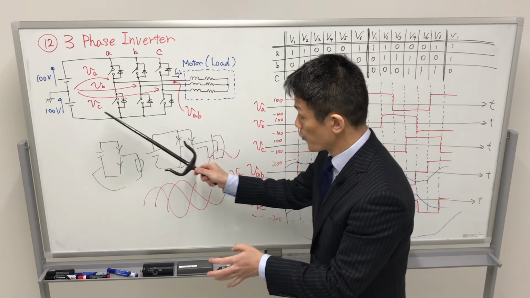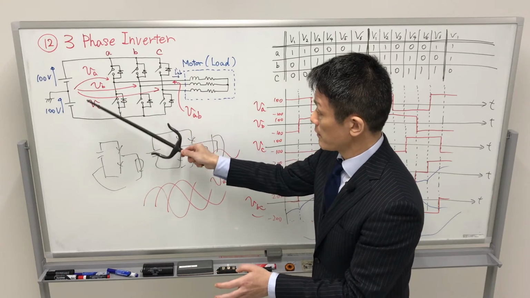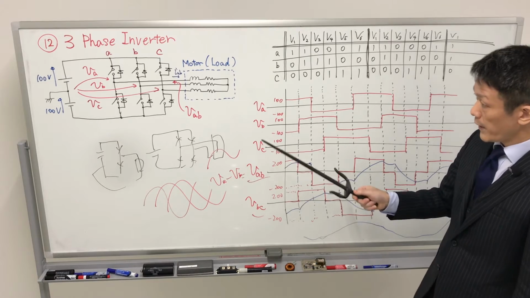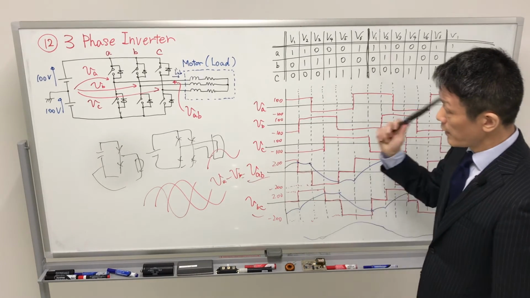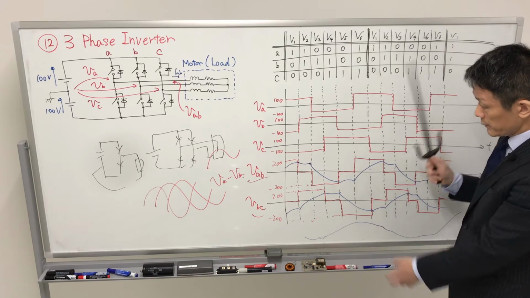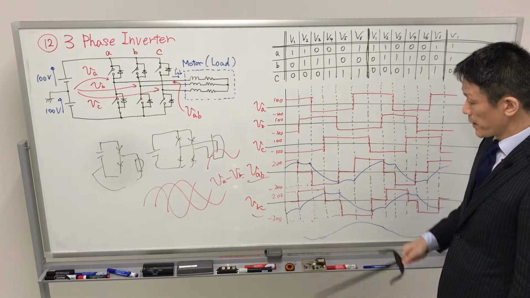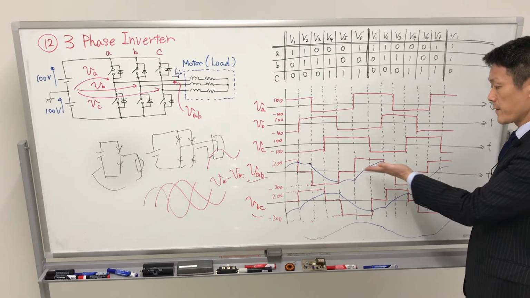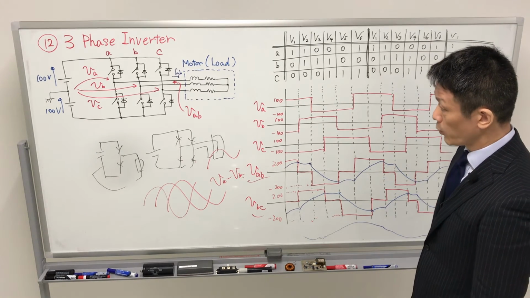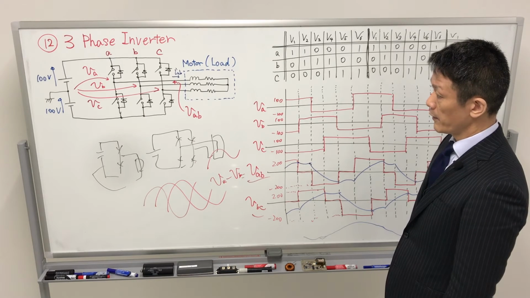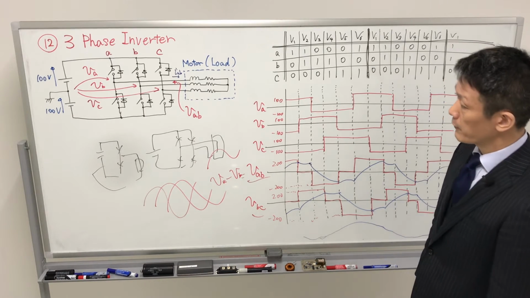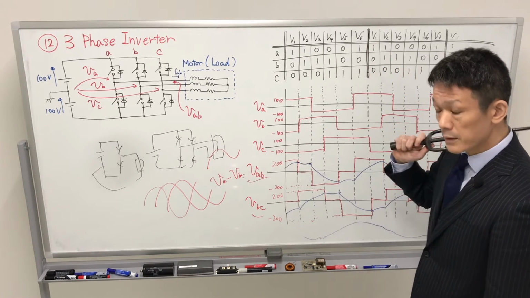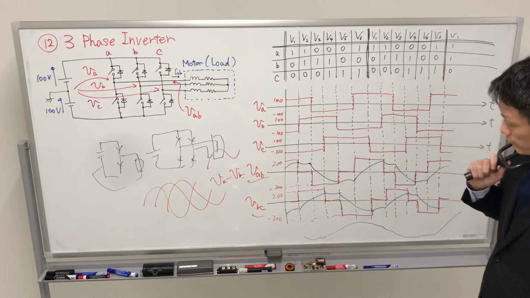However, we can use the maximum value of the DC battery voltage. Using only this, we can obtain the 200 peak-to-peak output voltage and three-phase AC current. So we will apply this type of three-phase inverter to many applications.